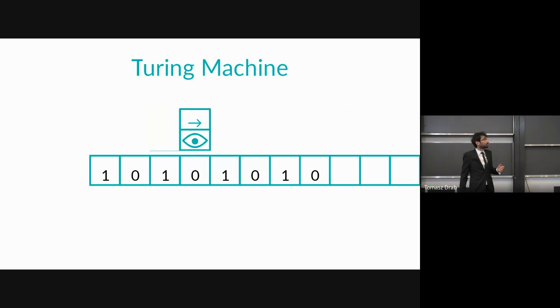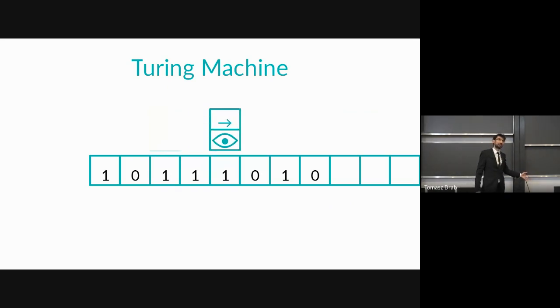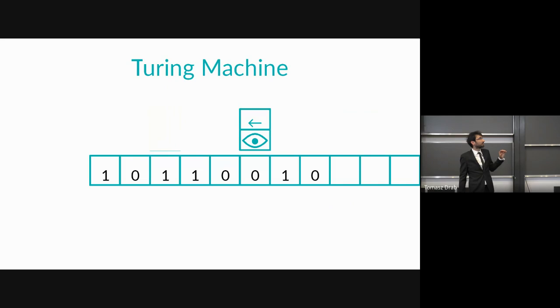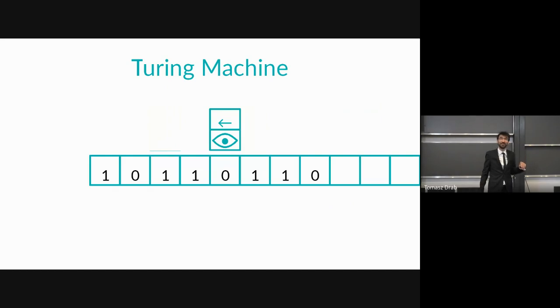A configuration of Turing machine consists of this potentially unbounded tape, but in every cell of the tape, we have a finite amount of information. And the same is for the head that moves above the tape. The head also, in the single point of time, looks in the single cell and stores a finite amount of information in itself.